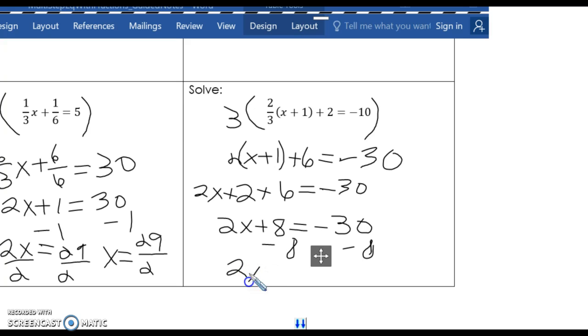And we get 2x equals negative 38. And dividing both sides by 2, we find that x equals negative 19.